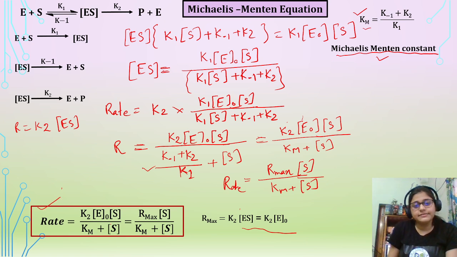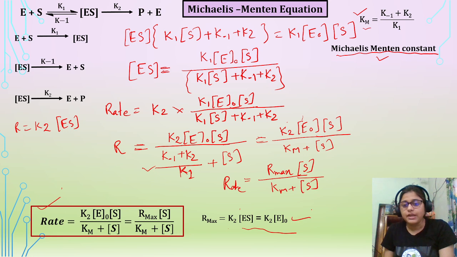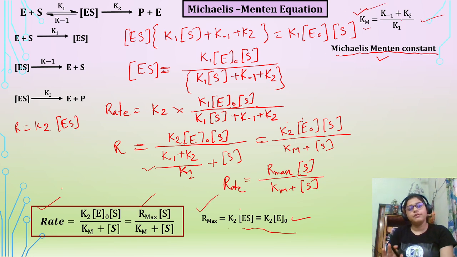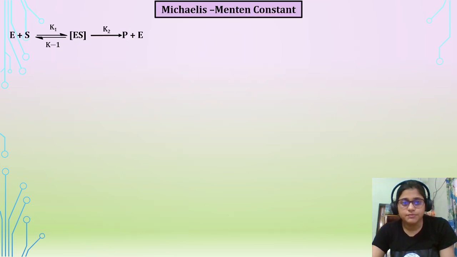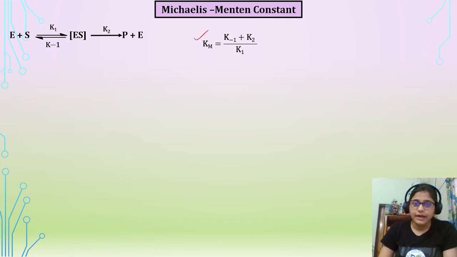So the rate is K2 E0 S by Km plus S, which is equal to R max S by Km plus S. So R max is K2 into E0 and Km is K inverse plus K2 by K1. So these three expressions you should remember, this R max value and Km value. Okay, fine. Now the Michaelis Menten constant is very important, and in the question only this value can be given.